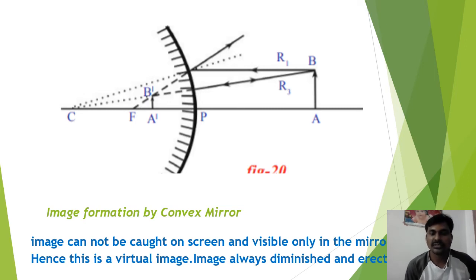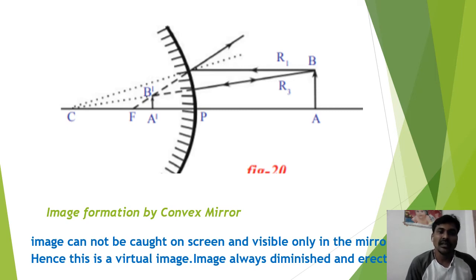Here we see two incident rays falling on the convex mirror. One is parallel to the principal axis and another is coming towards the center of curvature. After reflection, we extend the reflected rays backwards and they meet at a point.